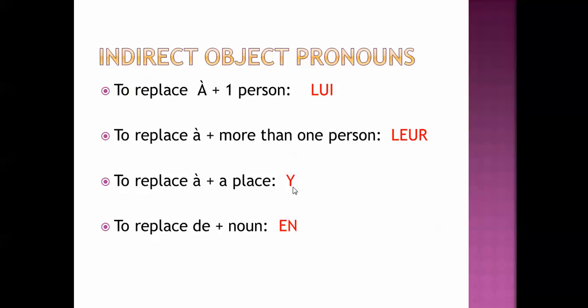The letter Y, which we pronounce like the letter E, replaces à followed by a place. And then en is used to replace de followed by a noun. Take a minute, write this stuff down, and then I'll catch up with you on the next slide.